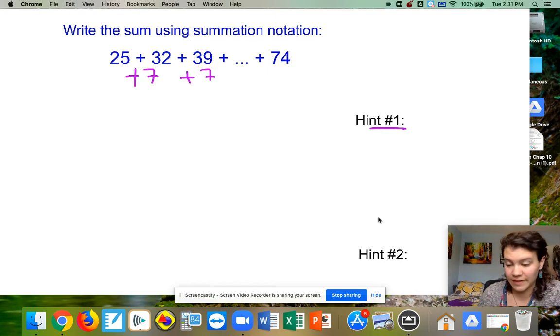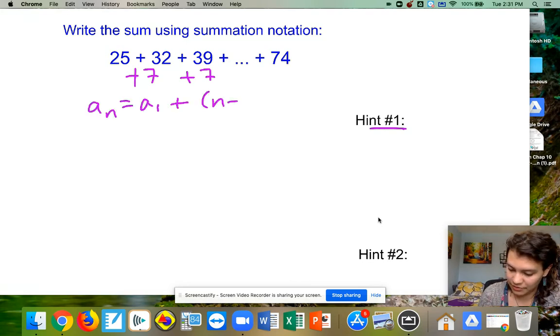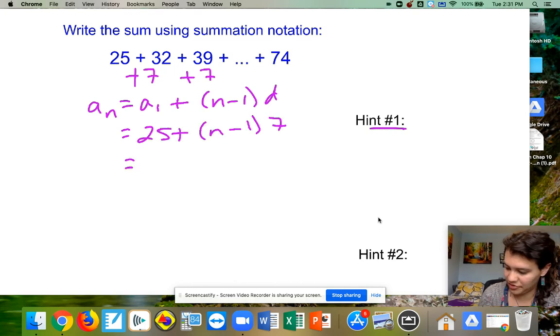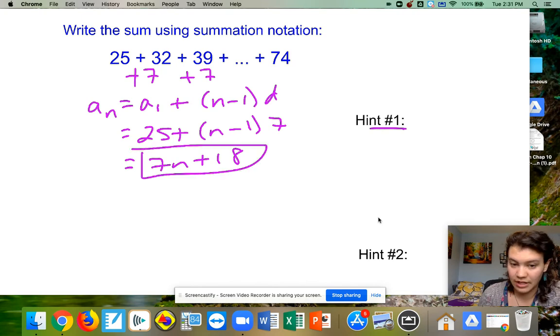So it looks like a nice arithmetic sequence, so you can write that out as this formula from before. The first term is 25, and our common difference is 7. So if you simplify this, you'll get 7n plus 18.